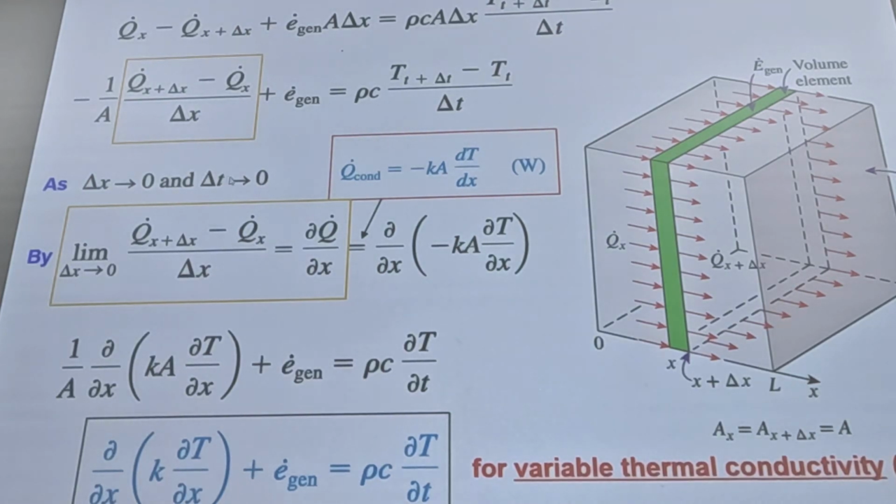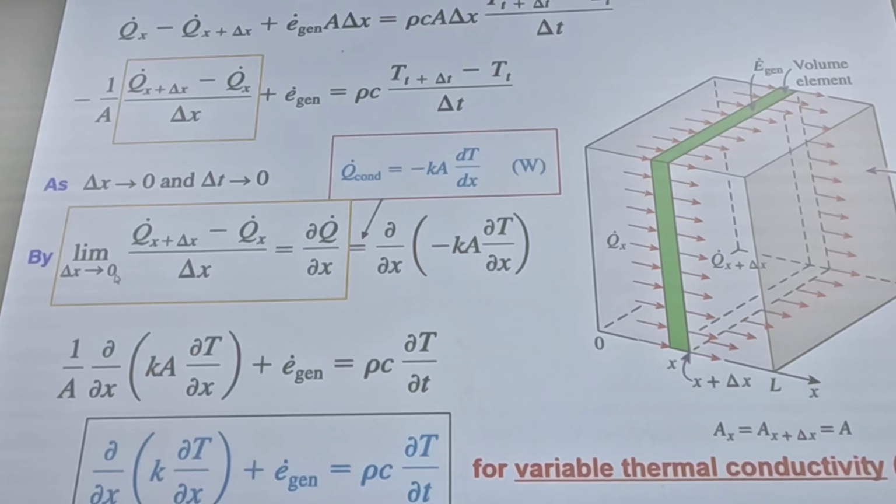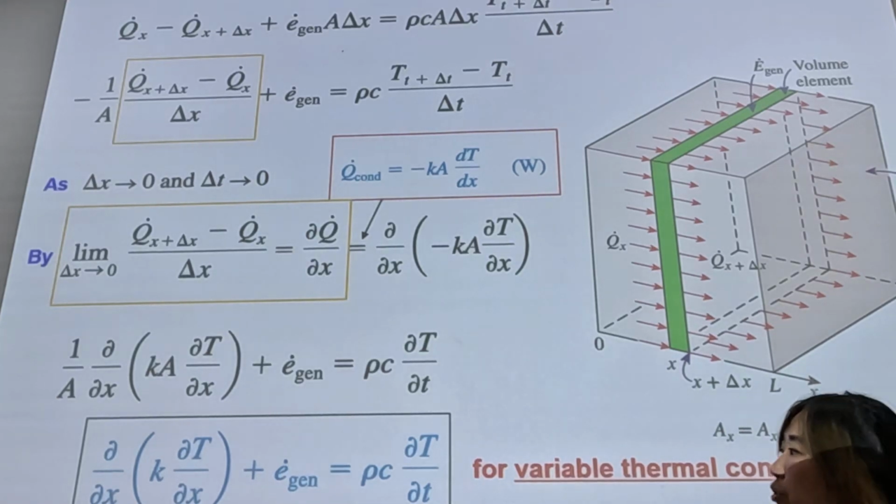At this point it uses the limit expansion, and it becomes only this value. So you can have the one-dimensional heat conduction equation from a large plane, exactly the same thing. So this is only one-dimensional.